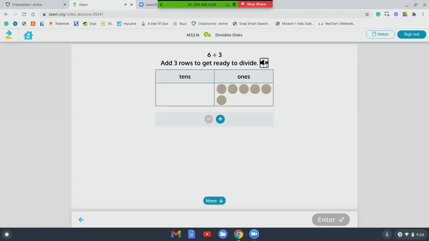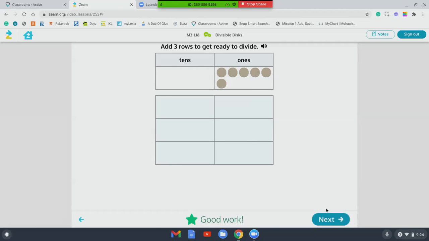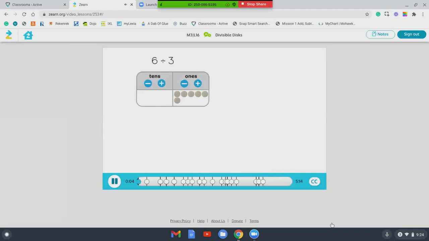Add 3 rows to get ready to divide. Sophie: 6 is the total, and the divisor is 3. Exactly right. Let's make 3 groups below the 6, like this.